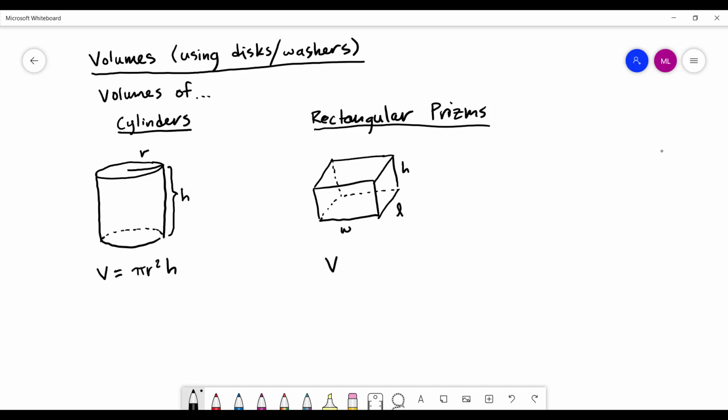And in this case, the volume is equal to the width times the length times the height. This one, again, though, if you think about it, is basically the same as this formula. If I find the area of just the base, which in this case is a rectangle, the area of the base is the width times the length, and then I'd take that area and multiply it by a height.